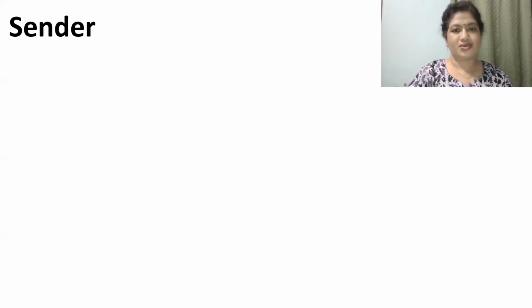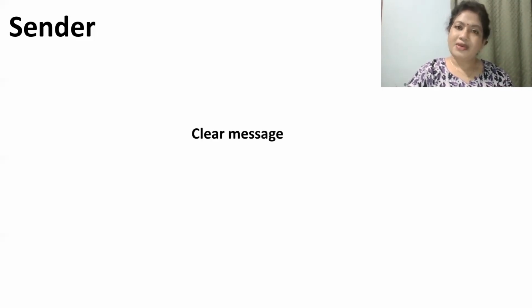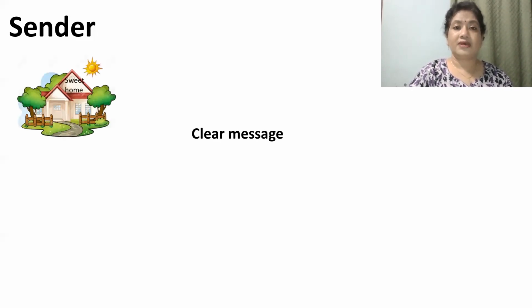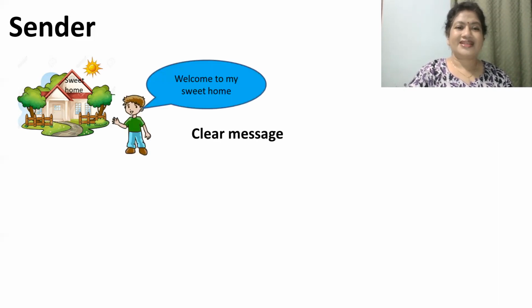Understanding purpose, you have understood idea. Then comes sender. Anyone can be a sender. You can be a sender, I can be a sender, but a sender has to send the message very clearly. Say, for example, you have a home, sweet home, and here is the message: welcome to my sweet home. Is the message clear?